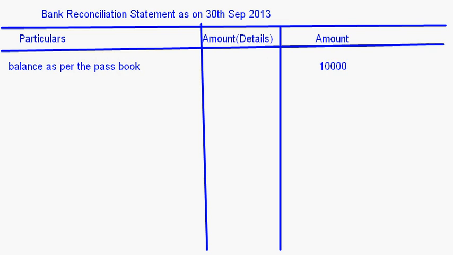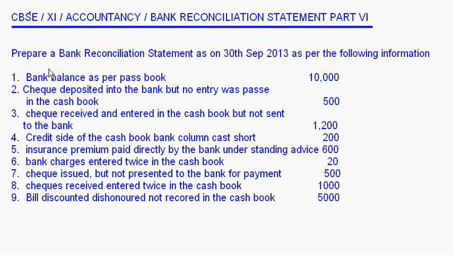Now let's take up each transaction. Remember, whatever transaction increases the cash book balance should be added, and whatever transaction decreases the cash book balance should be subtracted, since we are going to find the cash book balance, right? So first thing, checks deposited into the bank but no entry was passed in the cash book.